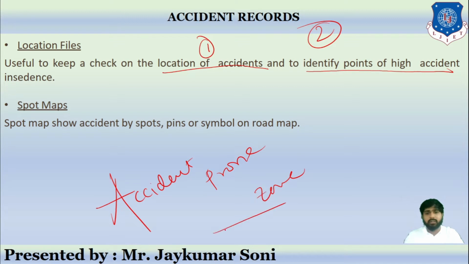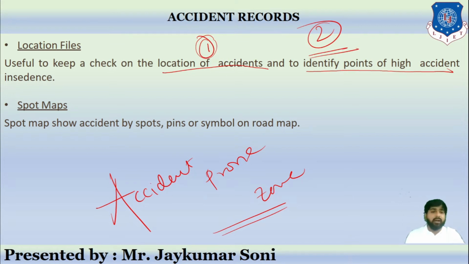This stands for a particular area, a particular length or zone of the road, where the maximum accidents occur. So with the help of the location file, we are able to check the location of the accident and identify the points of high accident incidence.